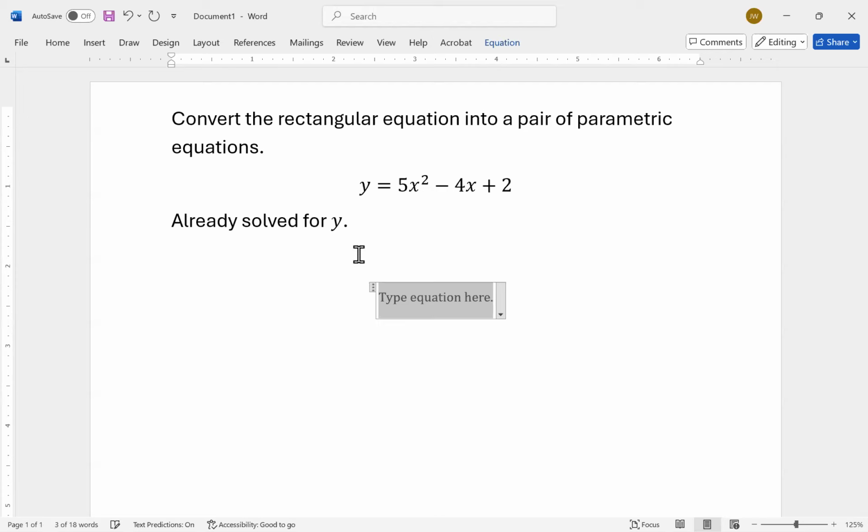So what I do is I set x equals any expression that I want. So if I wanted to, I could set x is equal to 3t plus 4.